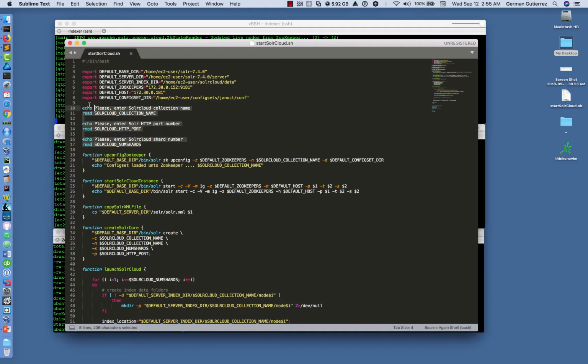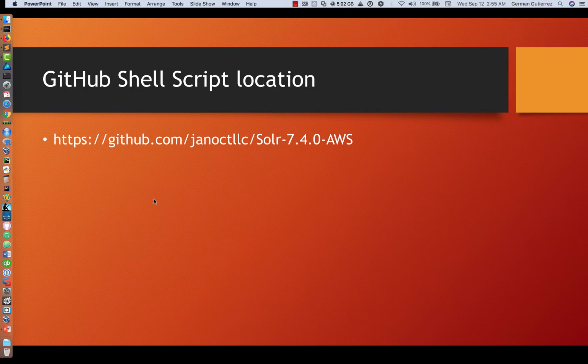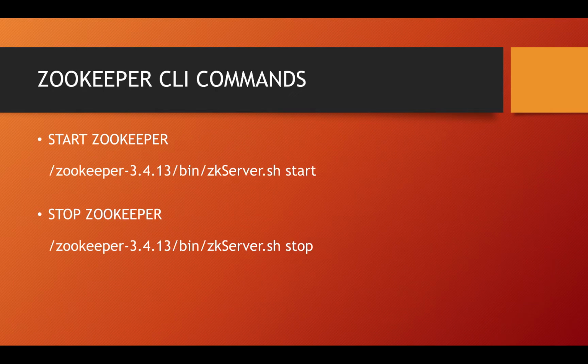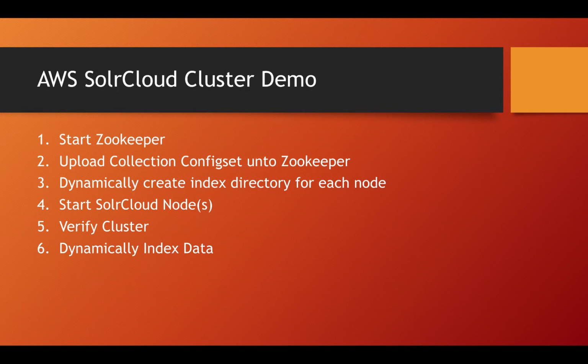Here is where I prompt you for the 3 questions. And the code below I think is pretty self-explanatory if you're familiar with scripting, where essentially it just loops through the number of shards you specify, and it creates the directory structure, uploads the configs to Zookeeper, and it does all the magic as specified earlier in these steps right here.